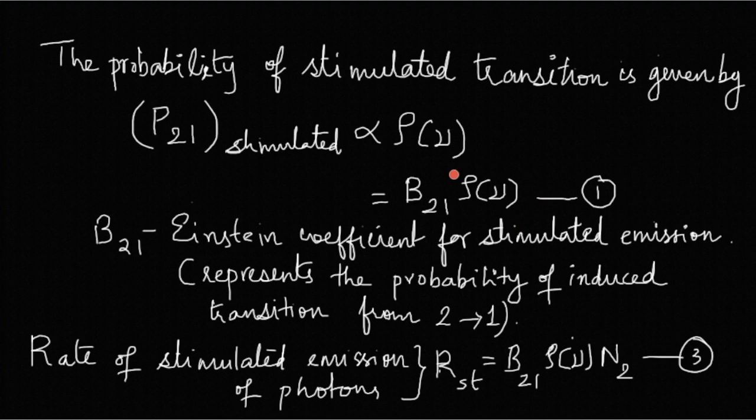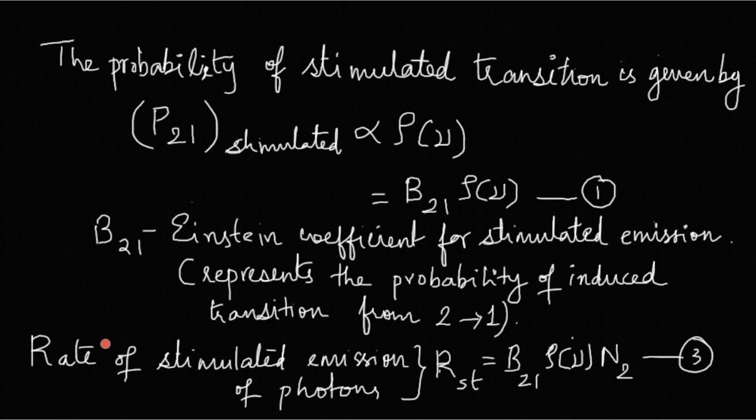Here B21 is a constant of proportionality and that is known as Einstein coefficient for stimulated emission. So that is a constant characteristic of the atom and represents the property of the energy states E1 and E2. So it actually represents the probability of induced transition from 2 to 1.